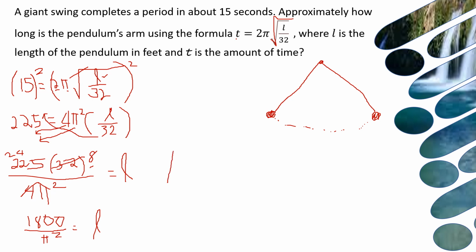Therefore, L, the length of our pendulum, is 1800 divided by pi squared, which is approximately 182.38 feet.